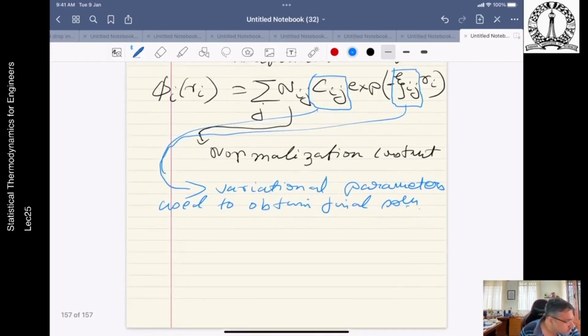These phi i, Ri, are also called the trial wave functions.